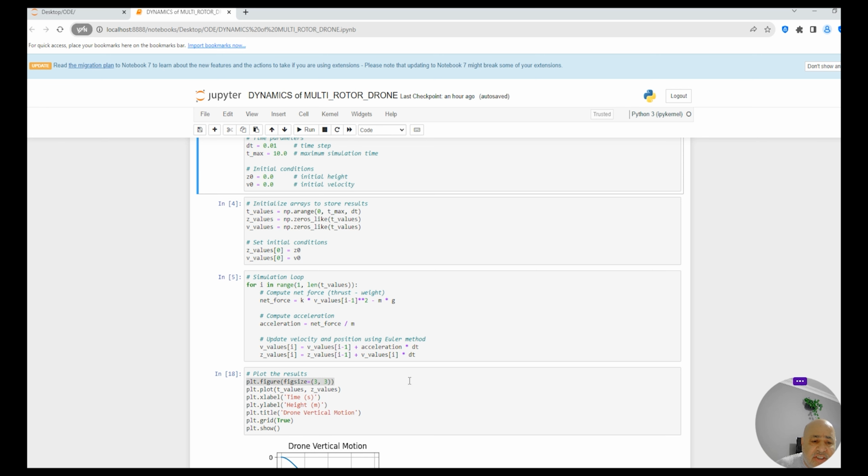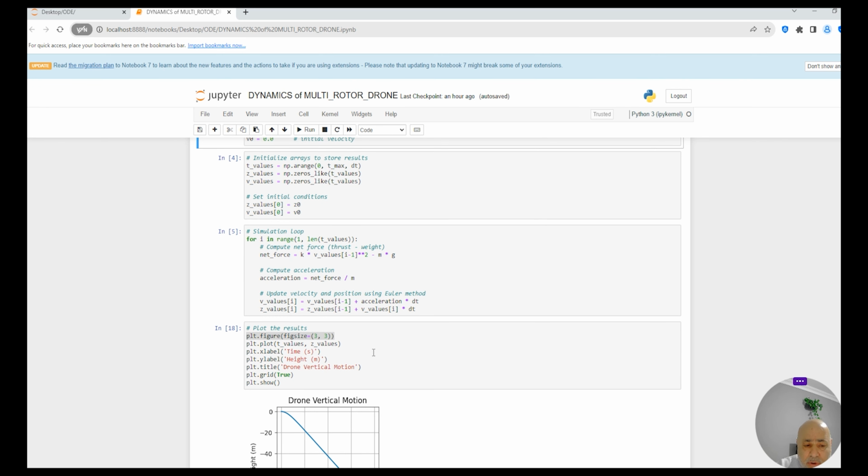And the last cell is actually the same as what we have seen in our previous examples, where I used matplotlib. I defined the figure size, and then I used plot, and I said that I want t value and z value to be my data, which is going to be plotted here.